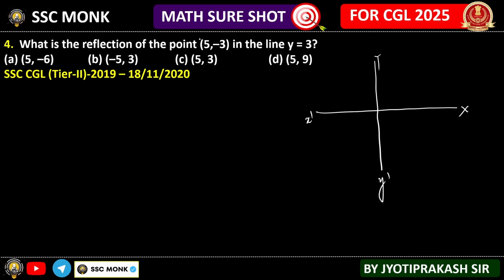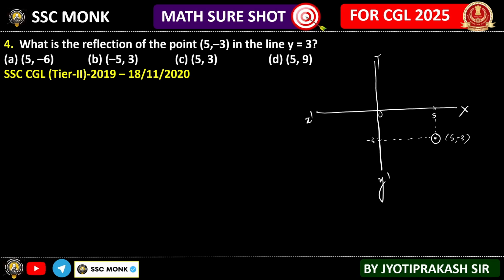Now 5 means positive value, here positive x, because from 0 these are positive, these are negative. So 5 over here. Minus 3 means in the y-axis it is negative. So let's say here this point is minus 3. So this point is located exactly over here. So this is the point 5, minus 3.